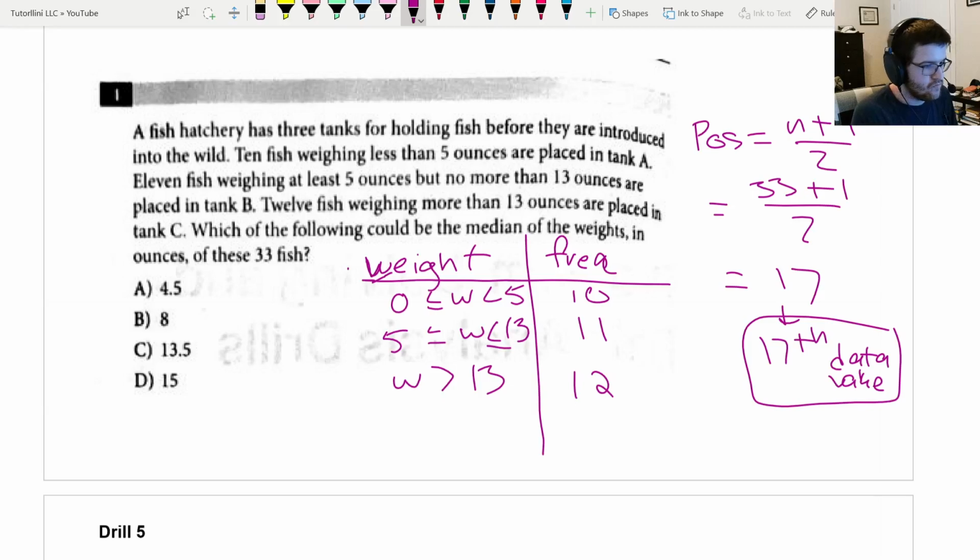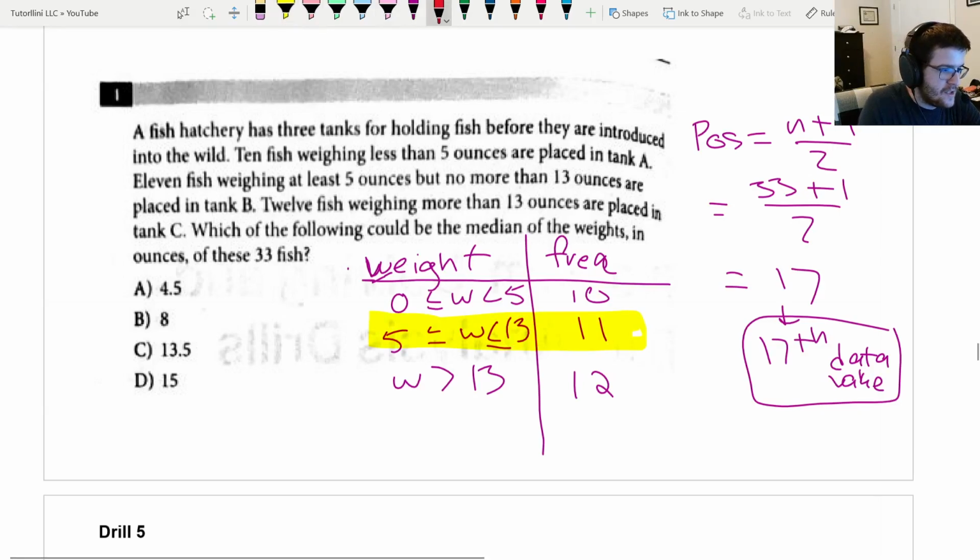So 10, didn't hit it. 10 plus 11, 21. Okay, so it seems like the median is in this row. And it has to be between 5 and 13. So too big, too small. The only one it can be is B.